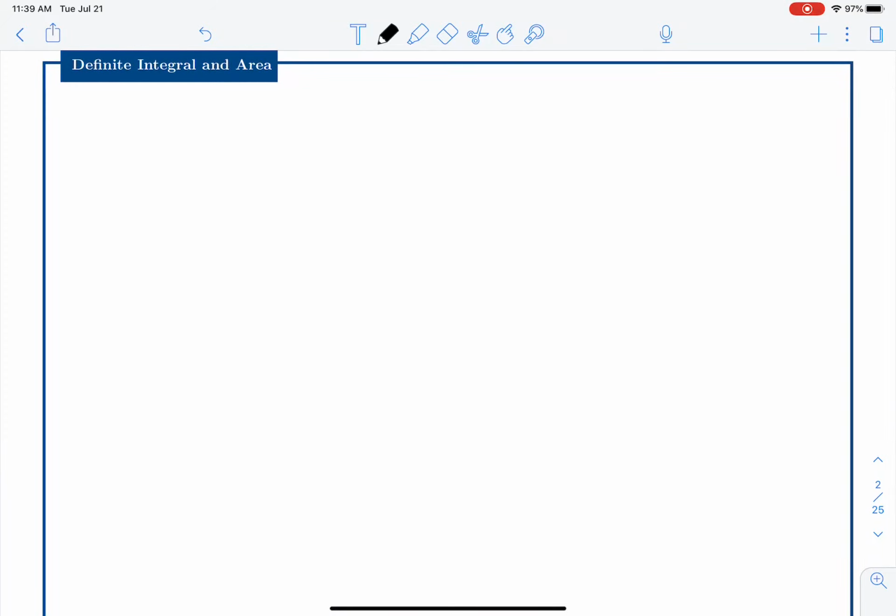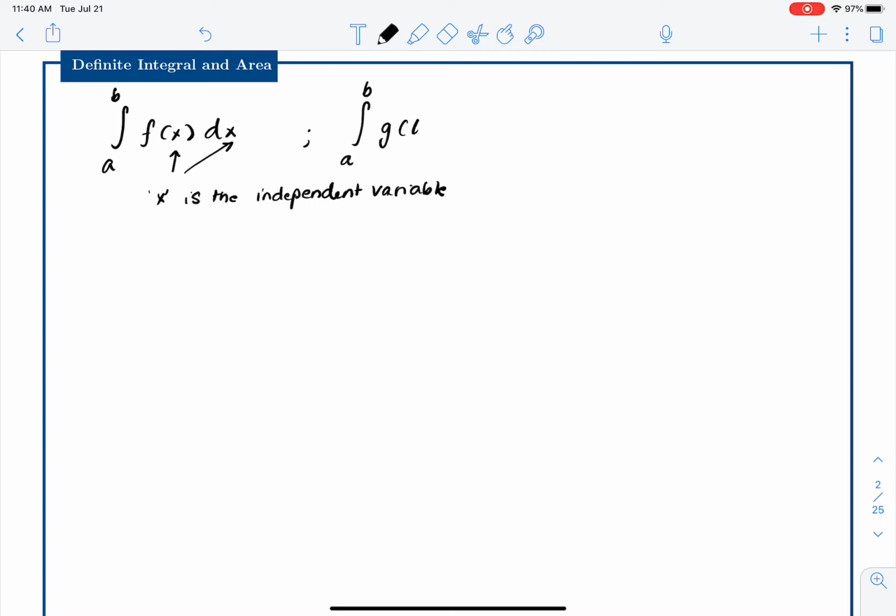Some of the things that we've got to know about a definite integral: when we integrate a to b of f of x dx, whatever x that I see must also be there, and that x is the independent variable. So for instance, I could have another function on a to b, g of t times dt.